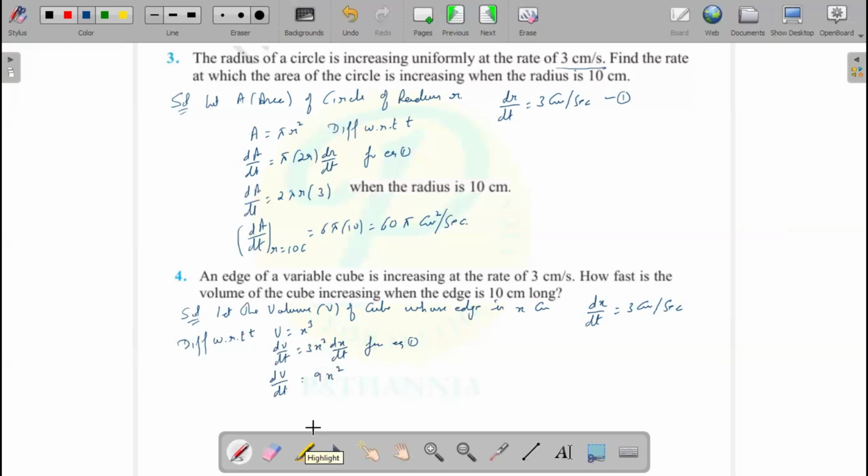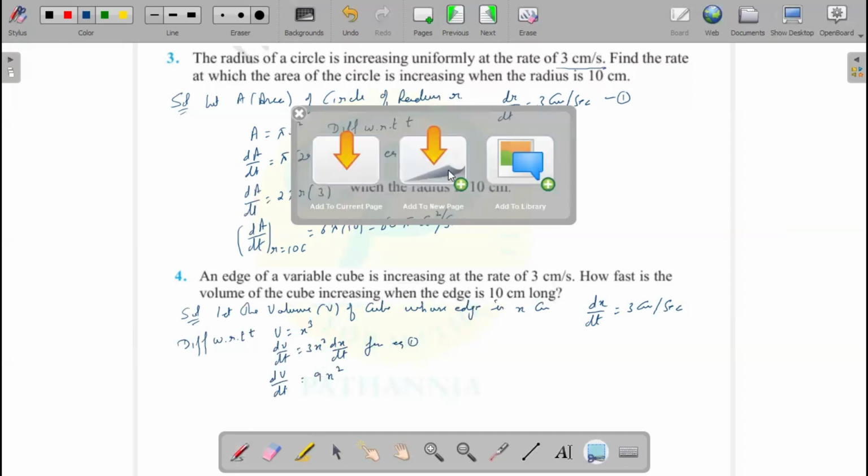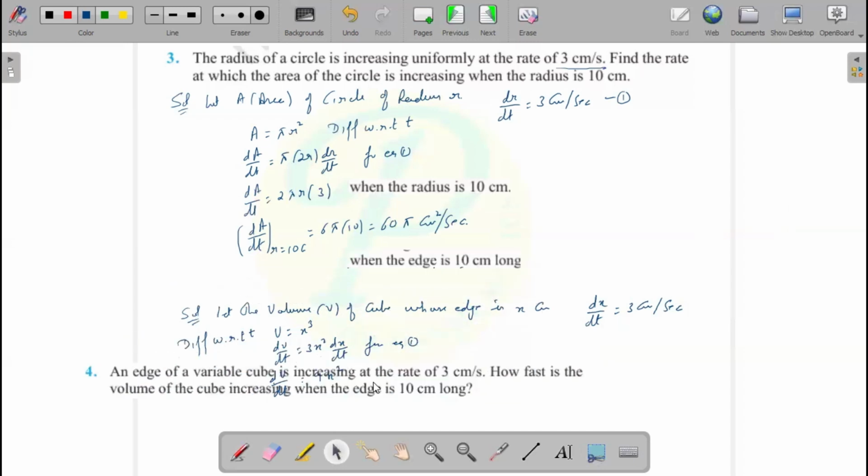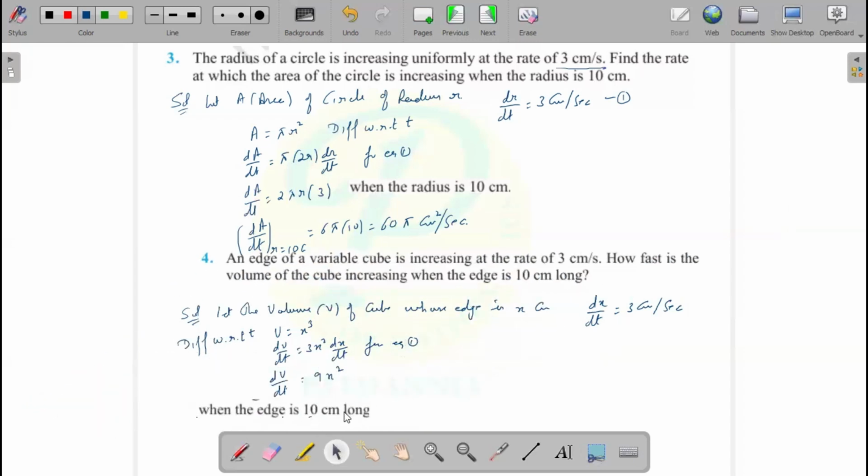And finally he says when the edge is 10, so therefore he is asking dV upon dt when your edge is 10. That is 900, the volume you are differentiating with respect to time.